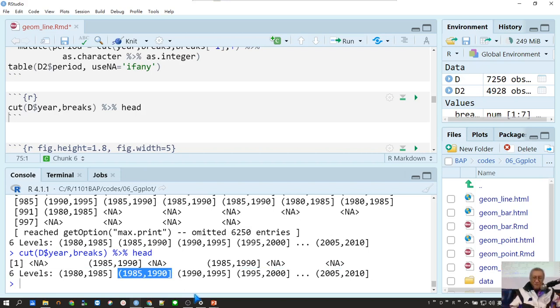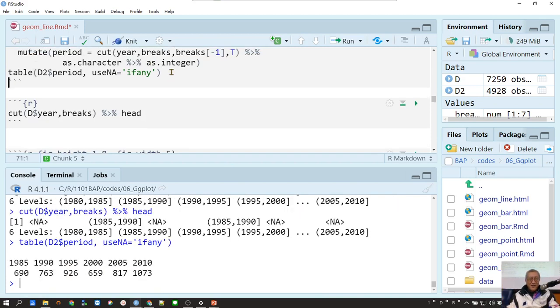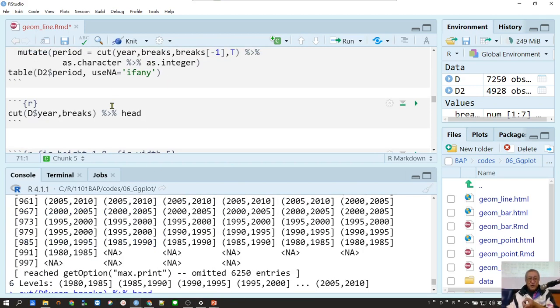It's very ugly, isn't it? This cut command can cut a value into different periods, but its output is in a very ugly format. Now, in order to translate this format back to these things, you need to convert into character and then convert it back to integer, right? Because of time, I don't have time to explain the detail, but that's the way you need to do it.